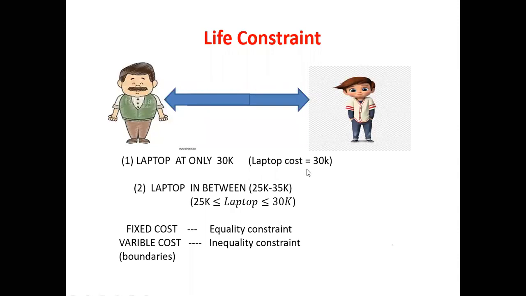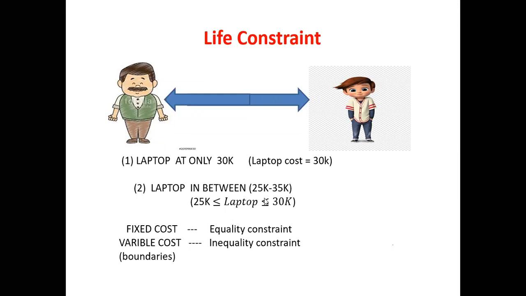But what is the difference between these 2 conditions? In case 1, the condition is an equality condition. So that's why we use the equal symbol here. In this case, laptop cost must equal 30,000. But coming to the second case, this is not an equality constraint.